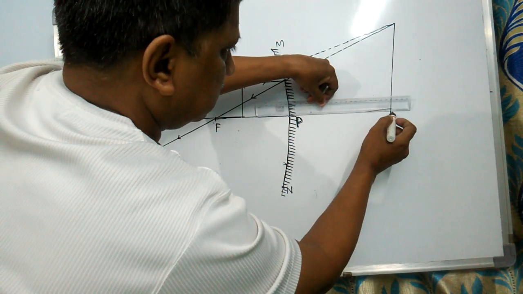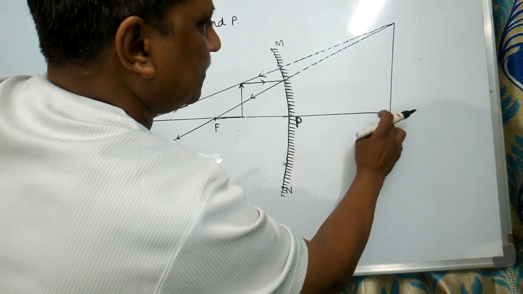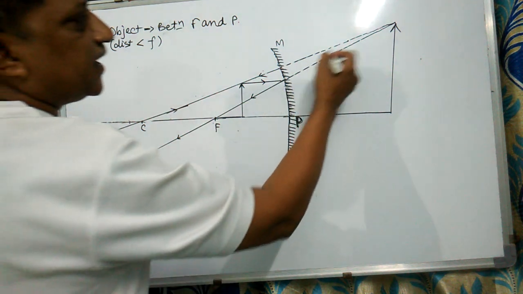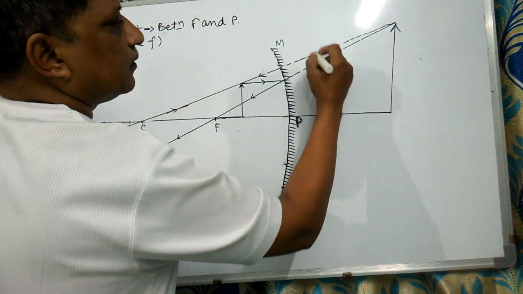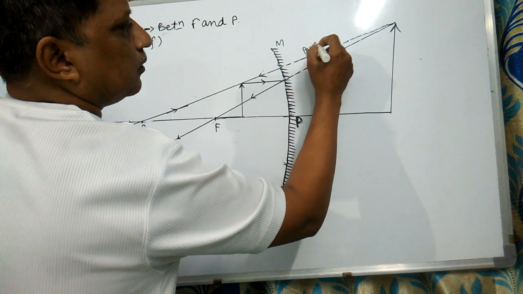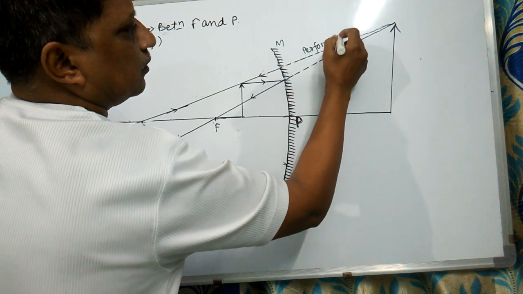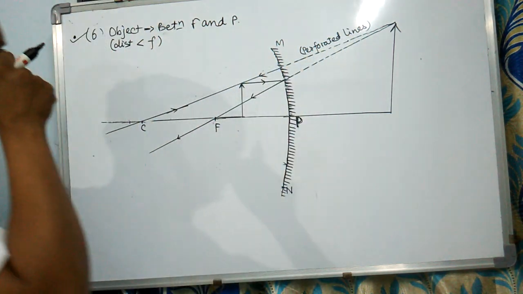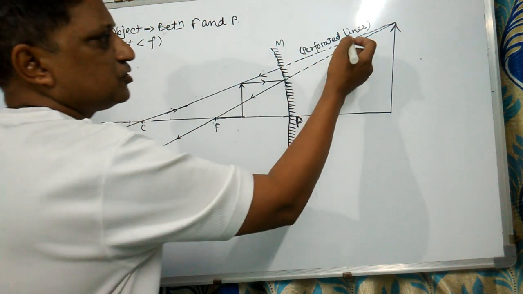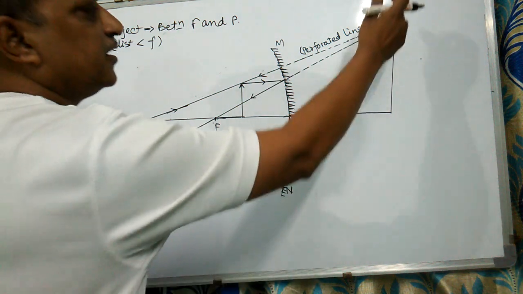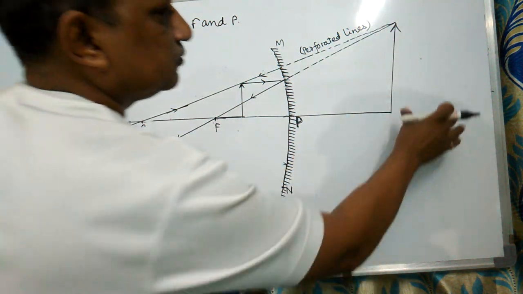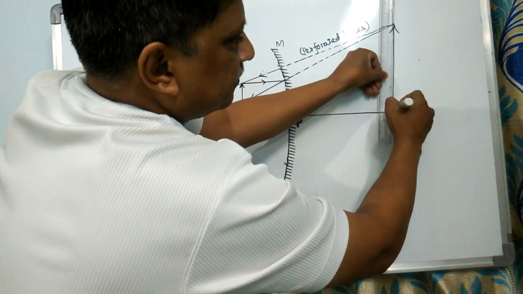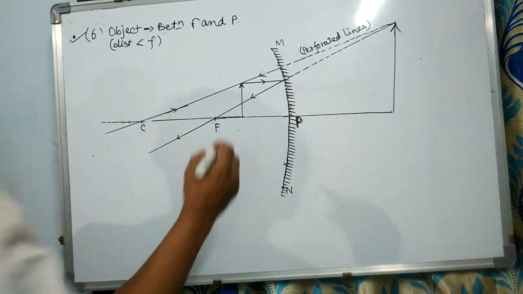So here the extended lines should be dotted. These two lines should be dotted and they meet each other, and at that meeting point the image is obtained.